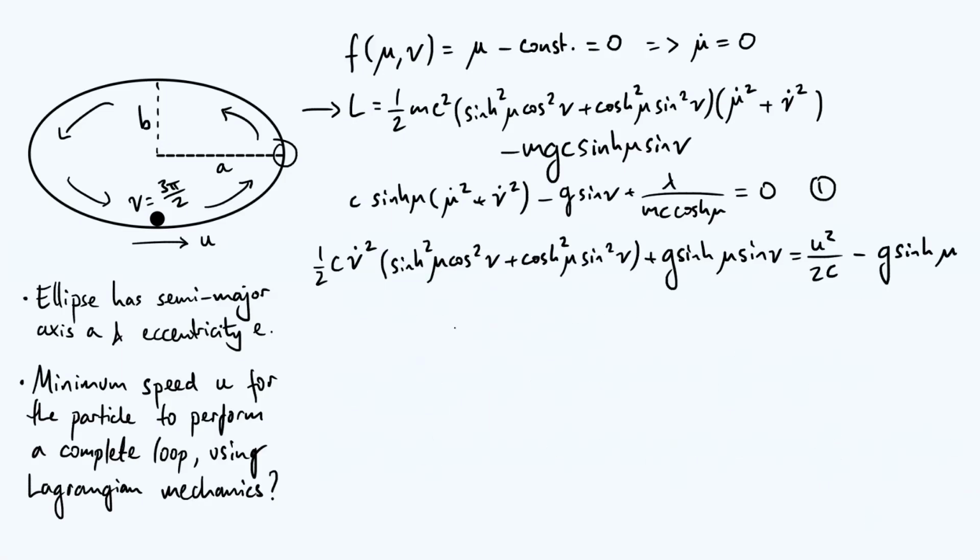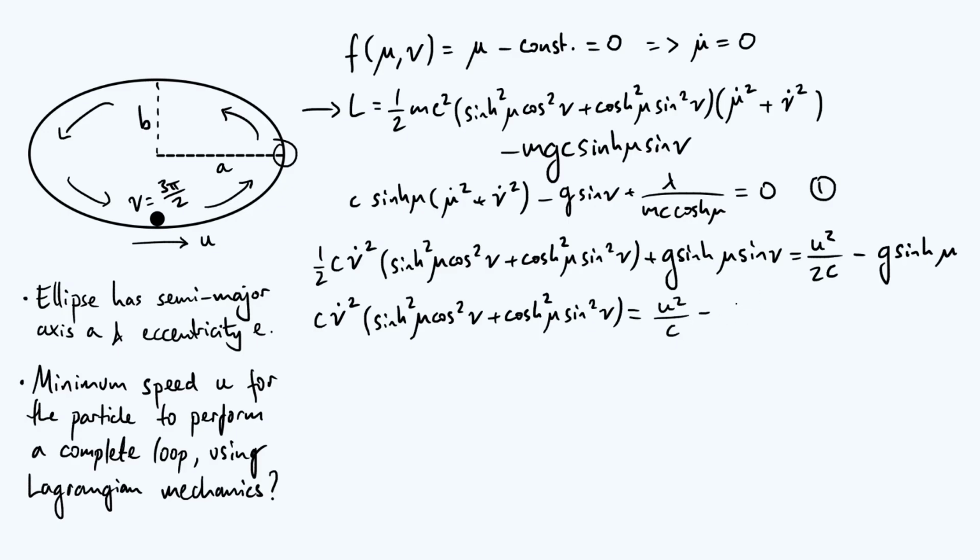Let's just clean up this equation a little bit. Let's times by 2 to remove the fraction at the beginning and move some of the terms around. So, all right, we're going to have this c nu dot squared term and all of this bracketed stuff. Let's move the g sine mu sine nu to the other side so that we can combine it with the minus g sine mu on the other side. So we are going to get that is equal to u squared over, we've got rid of the 2 now, so it's just u squared over c.